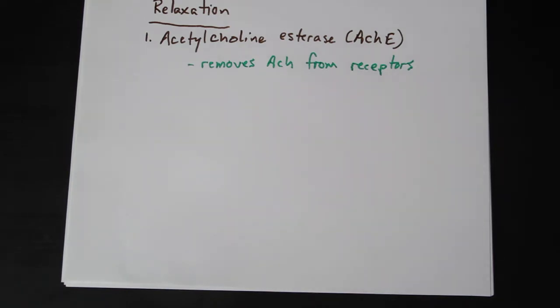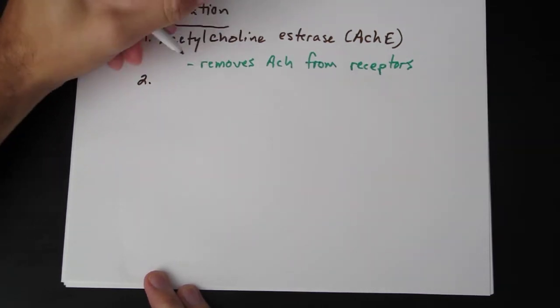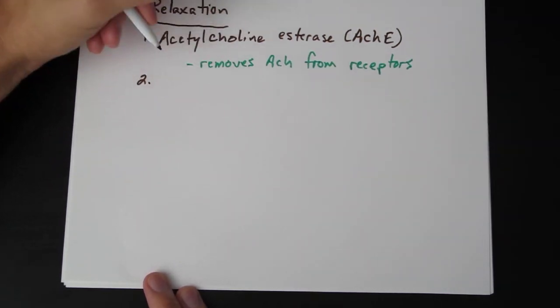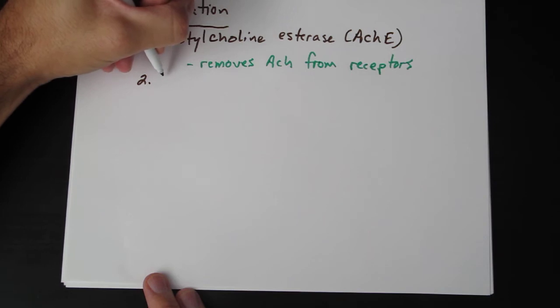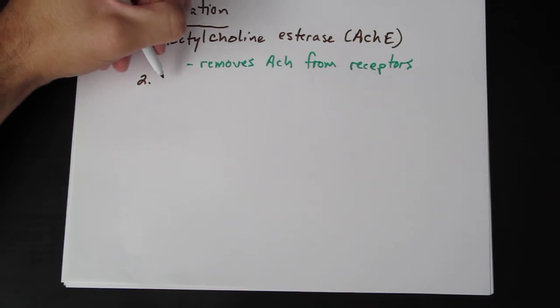All right. The next thing that we have to consider for muscle relaxation is getting the calcium signal out of the cell, right? Remember that calcium is allowing actin and myosin to bind with each other. We have to stop that process.